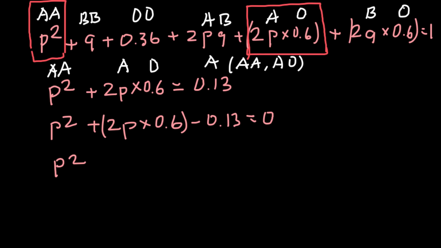So next step, we have to multiply 2p by 0.6. So this is going to be 1.2p minus 0.13 equal to 0.